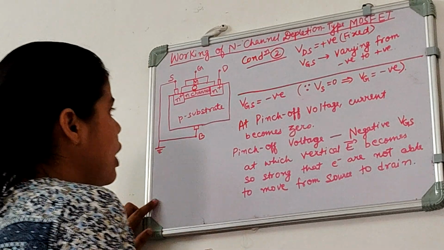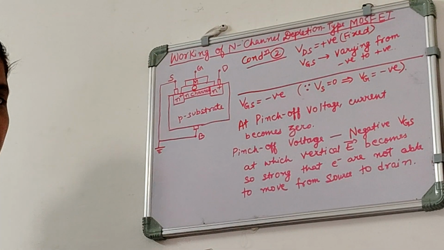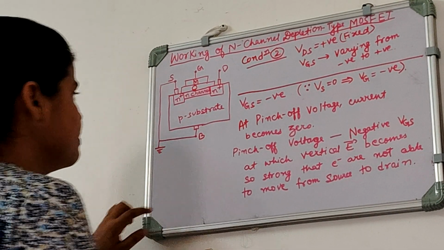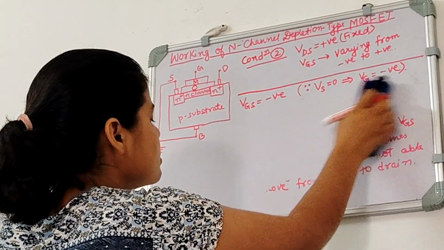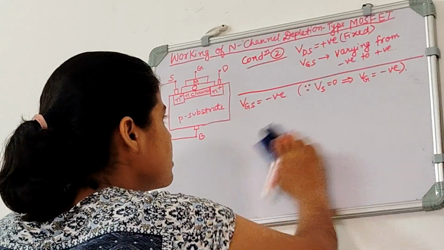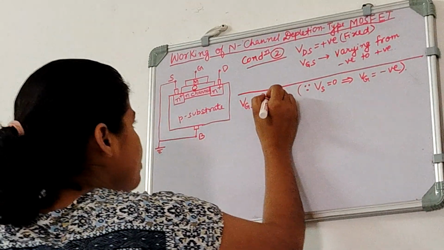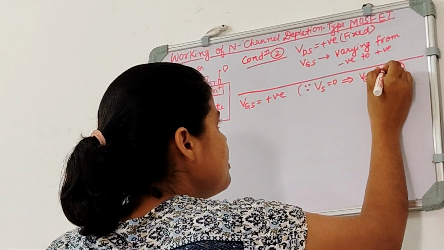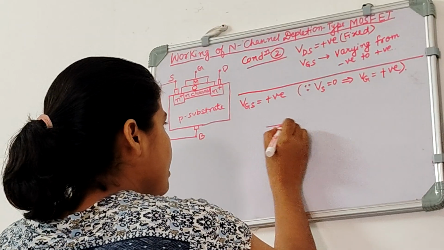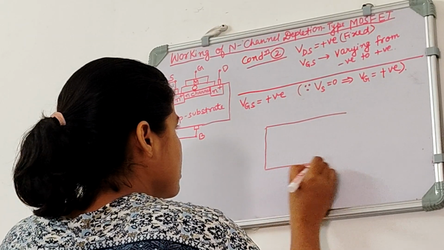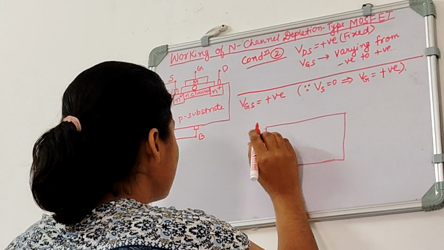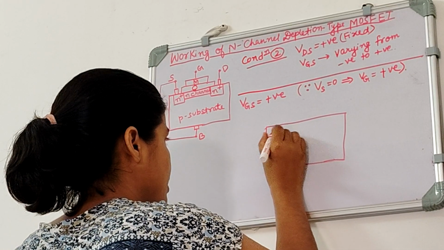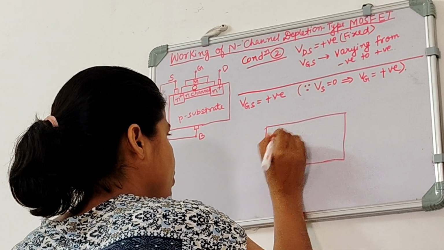Okay, now let's see what happens when VGS is positive. So if VGS becomes positive, our VG will be positive, and this is a channel, and the channel is N type, so it will contain positive ions with electrons.